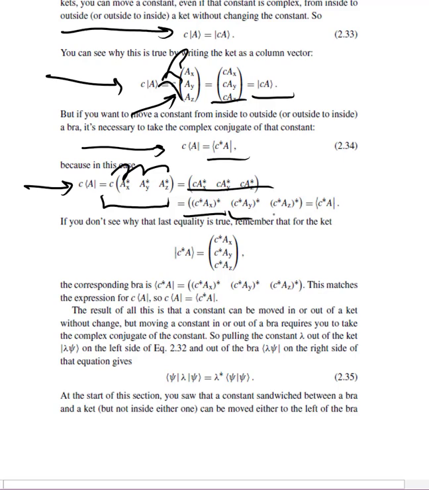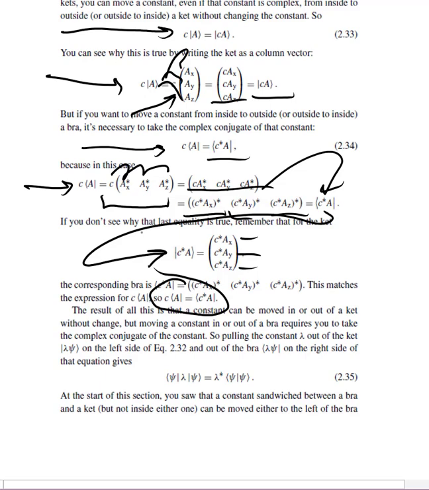Same thing for the y and z components. But look at what that is. That's just 3 elements complex conjugated. So that is a bra that looks like C star A. Why is that a bra C star A? Well, remember, the bra C star A is the dual of ket C star A, in which we write that ket with these 3 elements. So therefore, when you move a constant inside a bra, you have to take the complex conjugate of it. Likewise, if you want to move it from inside to outside, you have to take the complex conjugate.